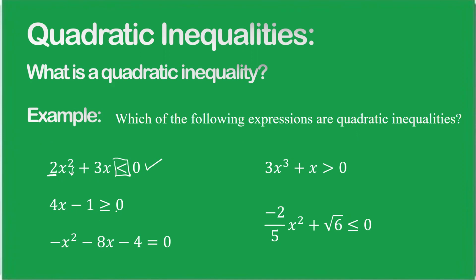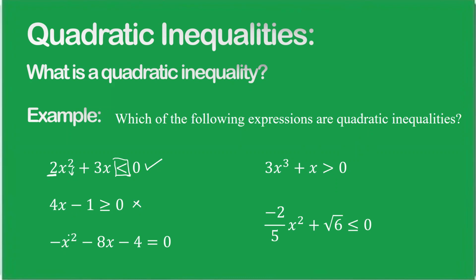What about the second one? The second one is also an inequality, but it is not a second degree inequality or quadratic inequality. Why? Because we don't have x squared. So it is not. What about the third one? Third one is also quadratic inequality. Is it true?